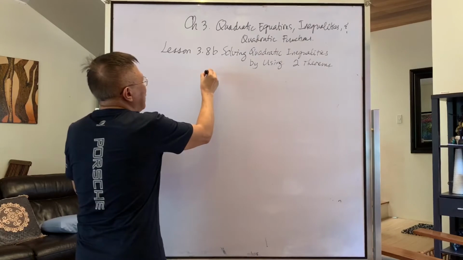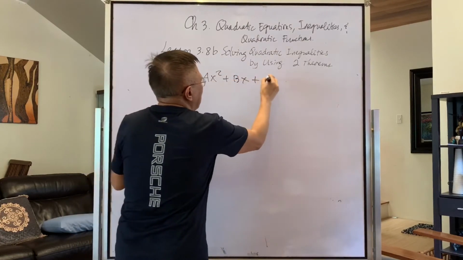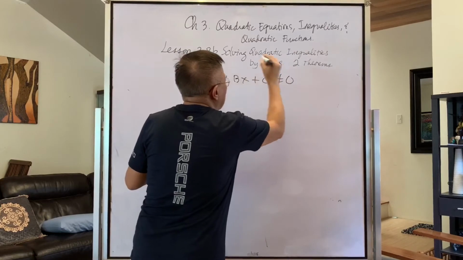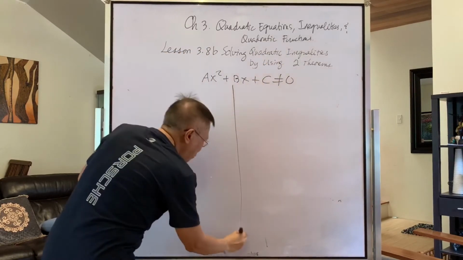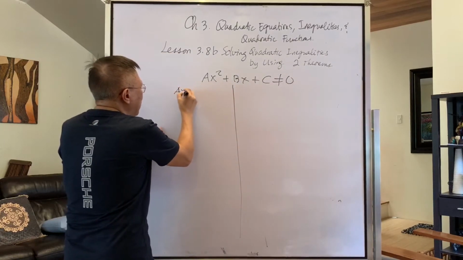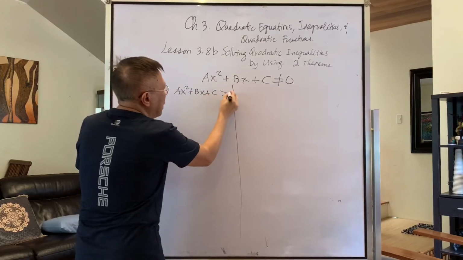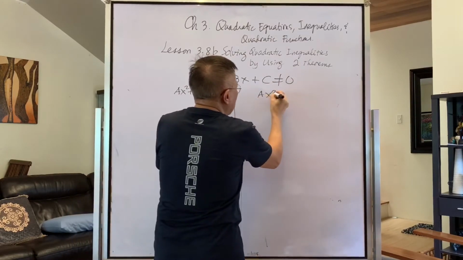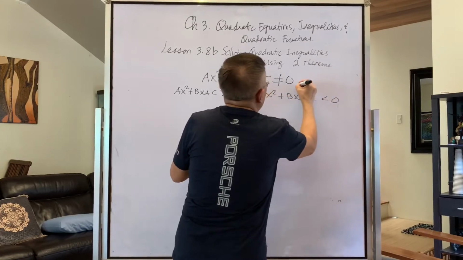Again, let's consider this inequality, ax squared plus bx plus c not equal to 0. And we are solving two of them according to the trichotomy law. We get ax squared plus bx plus c greater than 0 or ax squared plus bx plus c less than 0.